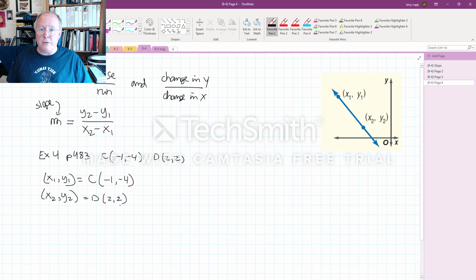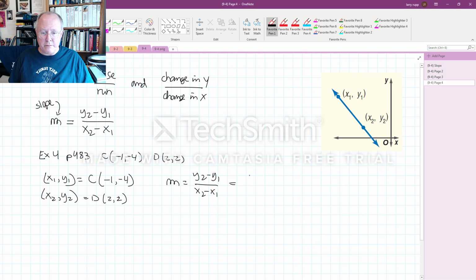Now, does it matter which points go with which x1, y1, x2, y2? No, it does not. As long as you do your math correctly and hold to PEMDAS, you will get the right answer. Okay, so let's look at our slope formula again. m is equal to y2 minus y1 over x2 minus x1.